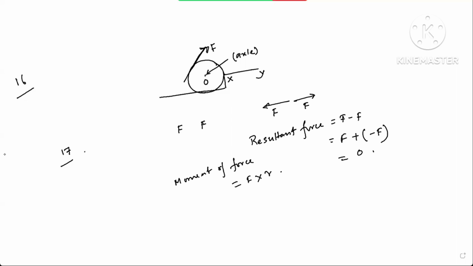Next, question number 22. What do you understand by the term equilibrium?